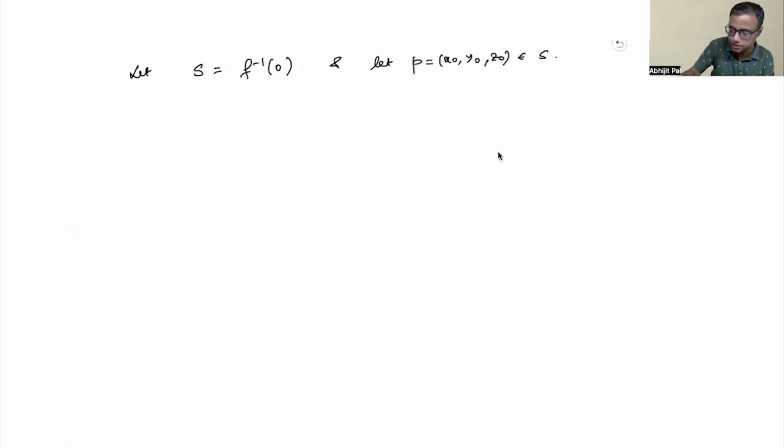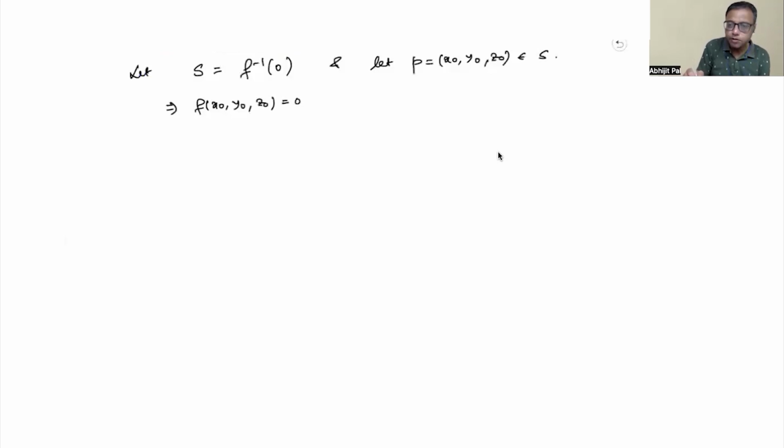Now let S be f inverse 0, and let us take a point P equal to x naught, y naught, z naught belonging to S. We'll be finding the equation of the tangent plane at the point P to the surface S. Because x0, y0, z0 belongs to S, this implies that f of x naught, y naught, z naught is equal to 0.